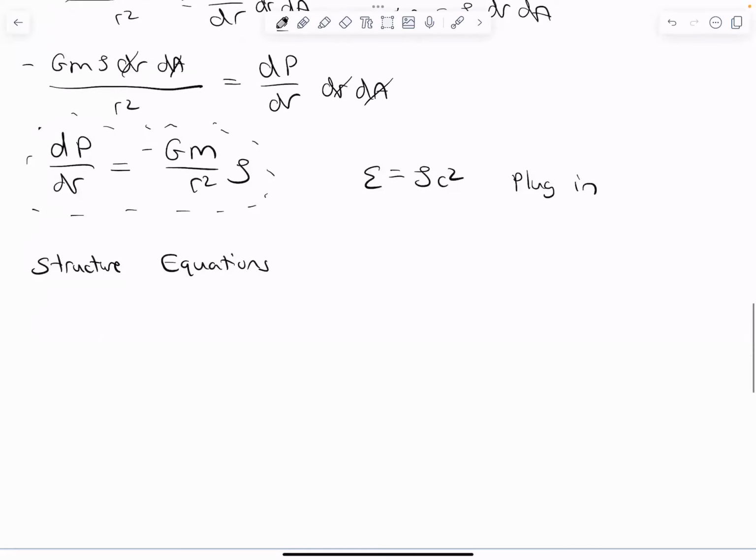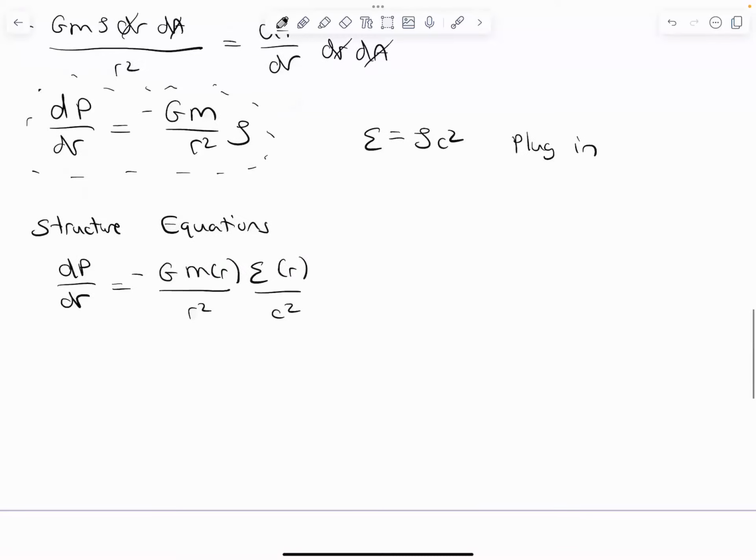And so that is dP/dr equals minus G m of r epsilon of r squared over c squared. And we have m of r equals the integral from 0 to r of 4 pi r squared dr epsilon of r c squared.